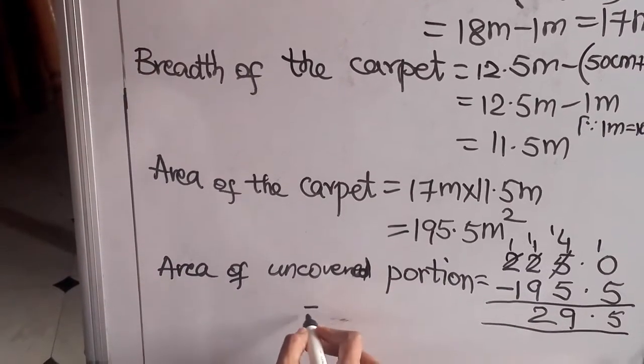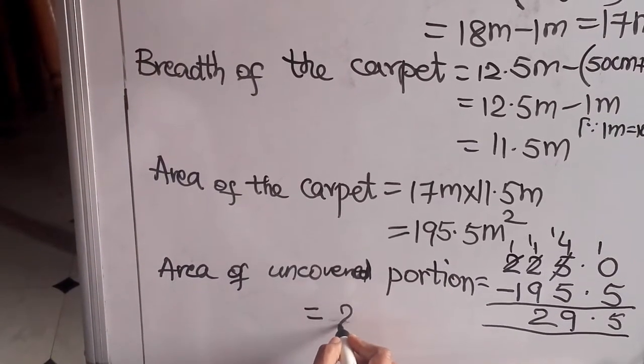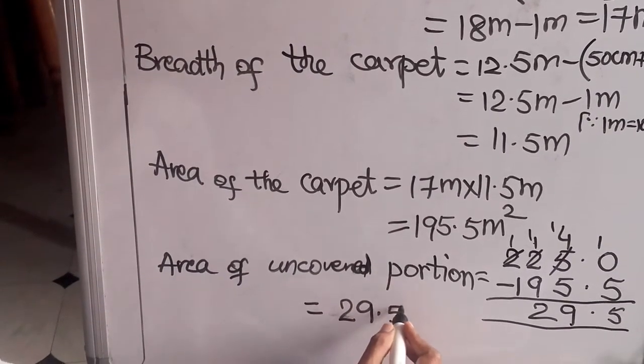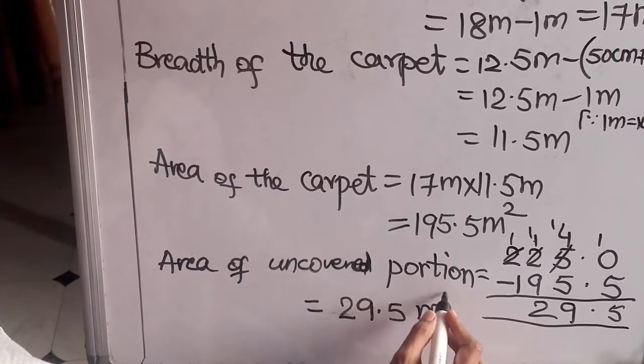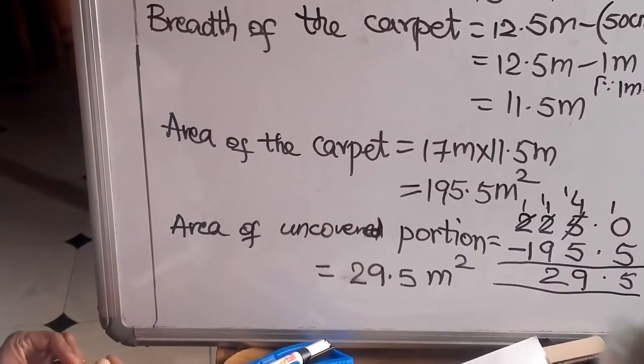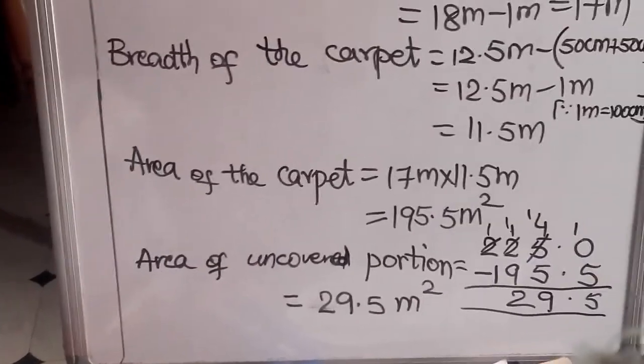So you got the area of the uncovered region as 29.5 square meters. Understood this? Copy in your class workbooks, children.